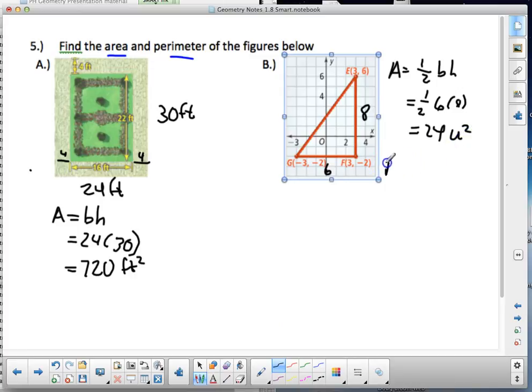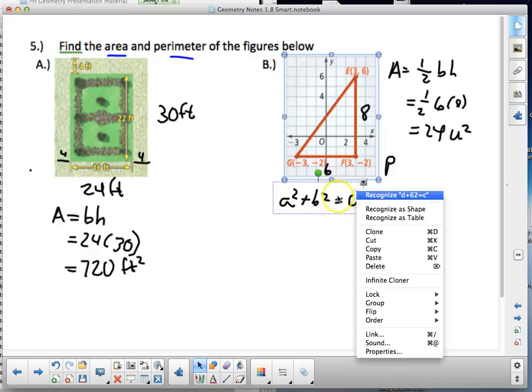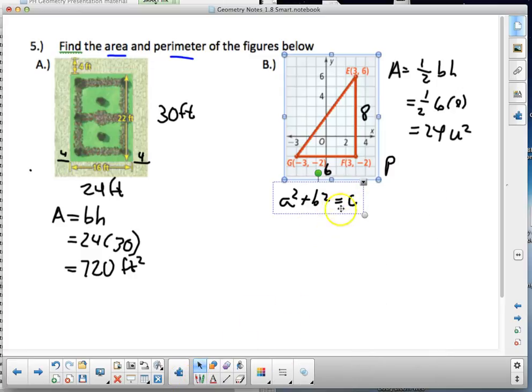Now, the perimeter, I've got to do Pythagorean theorem to find my hypotenuse length. And you guys have done this in the past, where 6 and 8 are the legs. 6 squared plus 8 squared is equal to c squared.